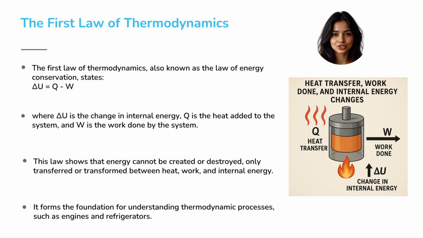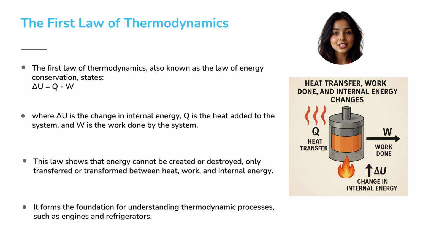Alright, time to put it all together with the first law of thermodynamics, or, as I like to call it, the law of energy conservation. The first law states that energy can't be created or destroyed, it can only be transferred or transformed. The law is expressed as ΔU = Q − W. Here's how it works.